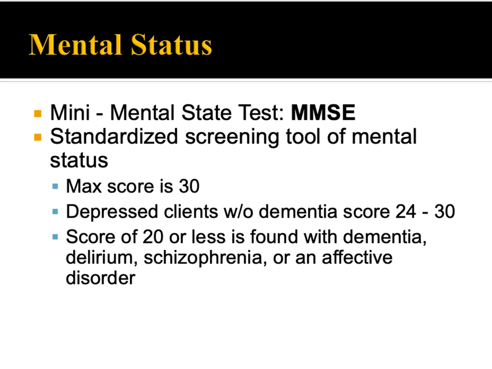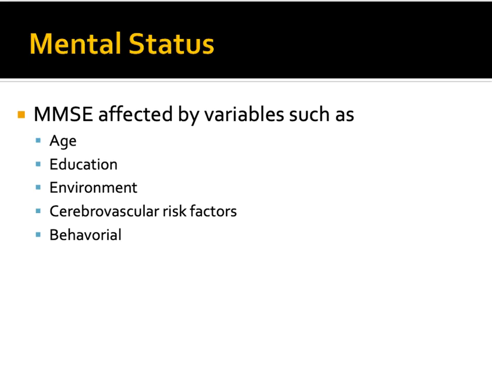So that's one of the reasons that we can't say a lower score on the Mini-Mental means that they have dementia, right? A score of 20 or less is found with several conditions. It can be dementia, delirium, schizophrenia, or an affective disorder. So again, it's not diagnostic. It's screening for risk.